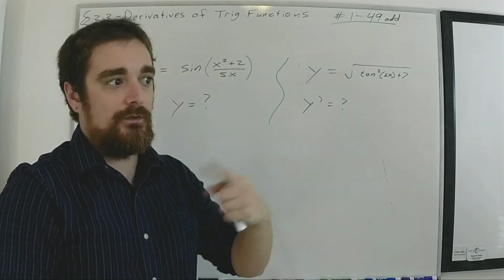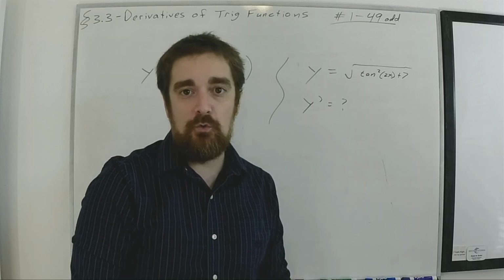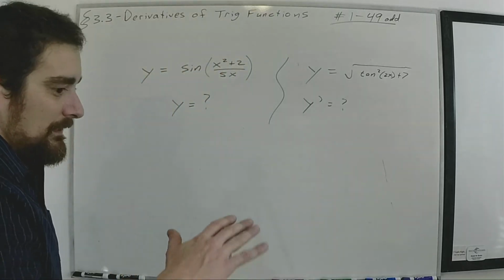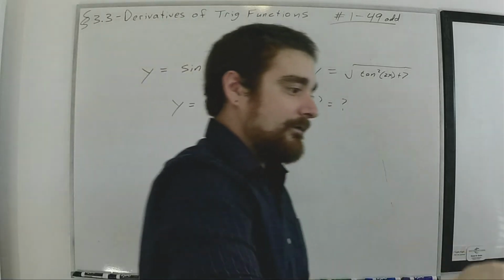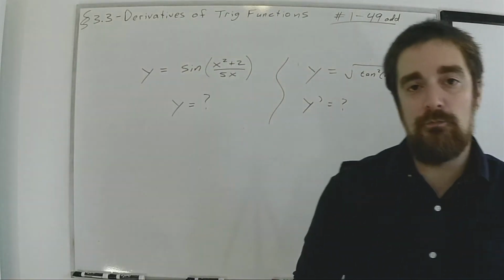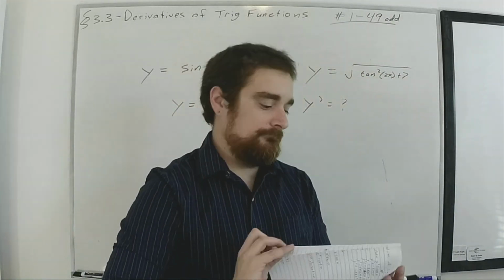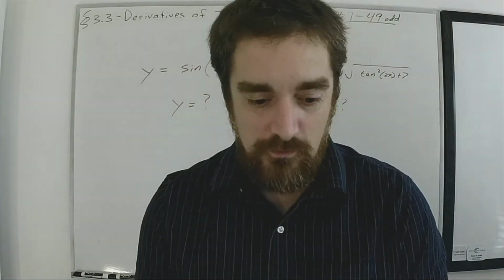Because without knowing the previous rules, you can't do the rule that is given to you in 3.4. So fair warning there. This is a good point to say, let me practice everything up to 3.3 and make sure I'm solid, and then I'll get into 3.4. Trust me, it'll make 3.4 just a little bit easier. Yep, so that's it. I will see you in the next section for the chain rule.